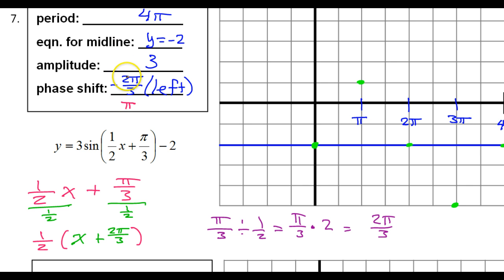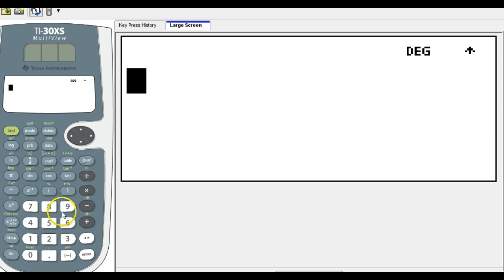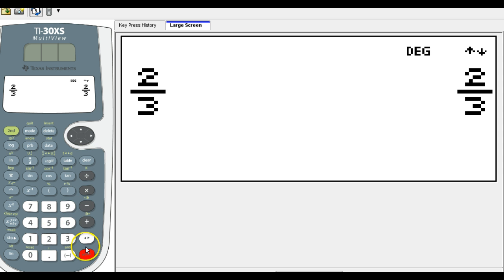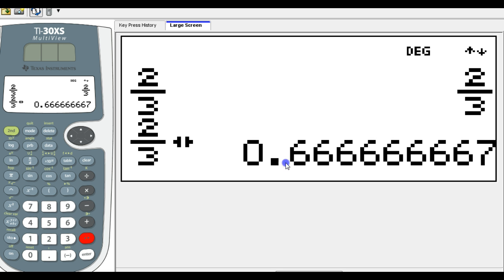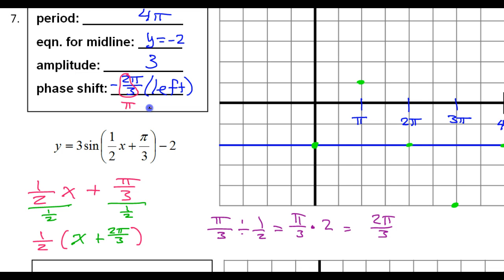But look at the 2/3. As a decimal it is 0.6 repeating, so it's approximately 0.7 if we looked at just one decimal place. So that makes this negative 0.7 pi.